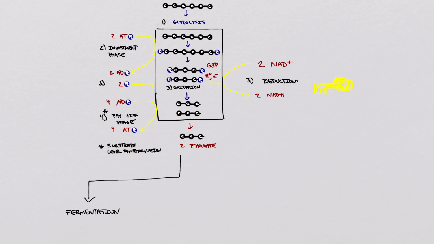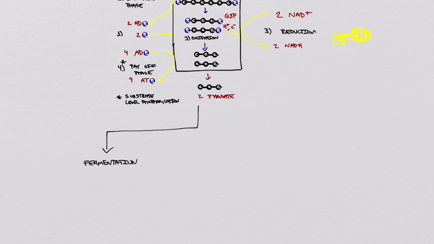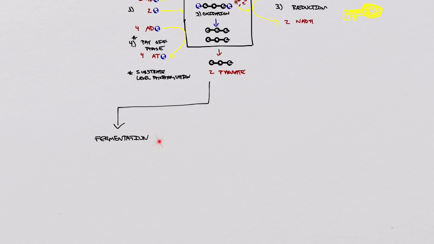I'm assuming you did the math here, because remember we spent 2 ATP at the beginning, this was our investment, and we got 4 out at the end, so in sum, our net total was only 2 ATP. But we can't even run this reaction at all if we don't have our key, our 2 NAD pluses here. So the goal is to regenerate this NADH back into NAD+. That's the overall goal of our fermentation process.